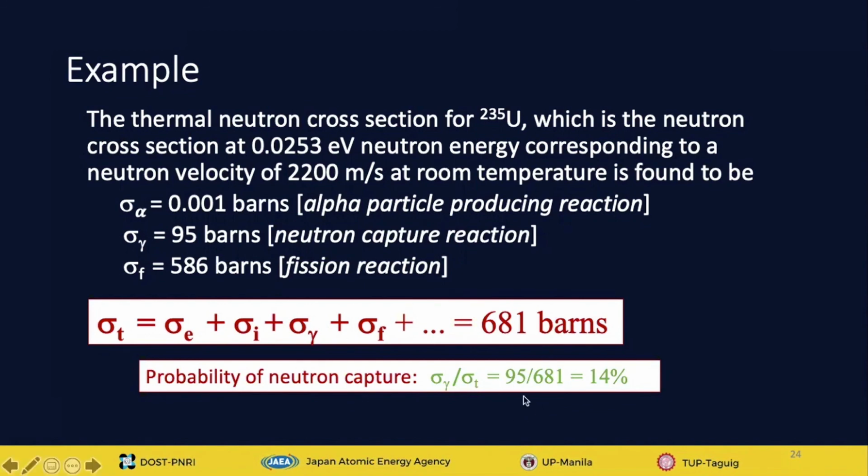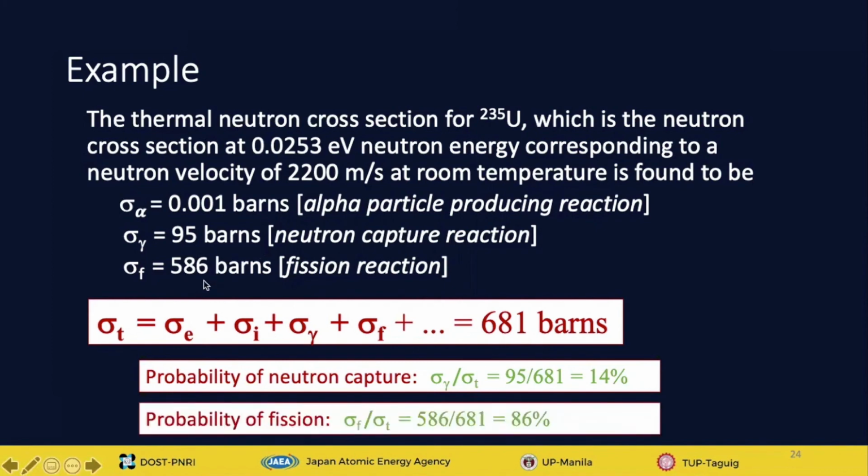So we have 95 divided by 681 barns, multiplied by 100, we'll get 14%. This means that the probability of neutron capture reaction to occur when uranium-235 is bombarded with a neutron of energy 0.0253 electron volts would be 14%. For fission, that would be much higher because our cross-section here is about 586 barns. And so computing for the probability, that would be around 86%. And indeed, experiments verified that these probabilities are true.